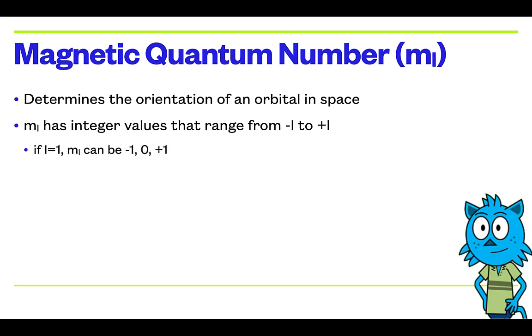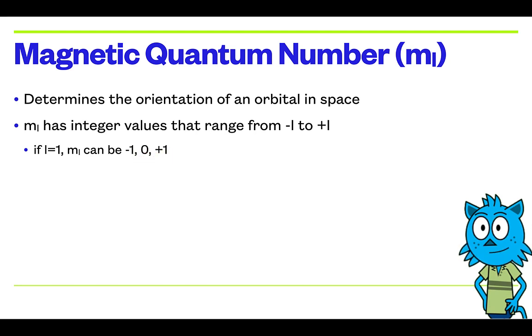So let's say that we have a p orbital, and a p orbital has an L value of 1 based on that previous slide. So m sub L can go from minus L up to plus L, and it can pass through 0. So it's going to have values of minus 1, 0, and plus 1. This means that for a p orbital, we can have 3 different p orbitals, all with a different orientation in space.